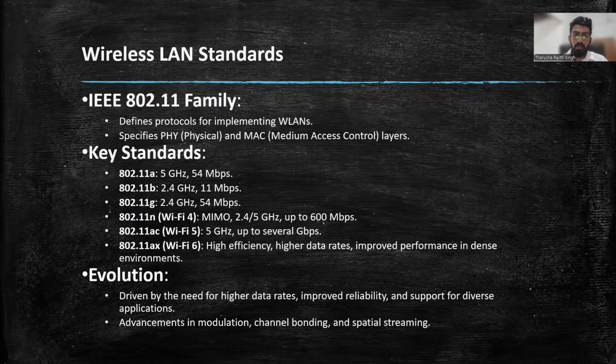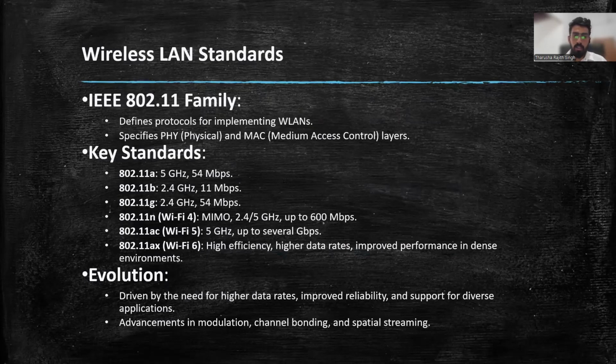These standards specify the protocols for implementing wireless local area networks and have evolved significantly over the years to meet the growing demands of modern communication systems. The IEEE 802.11 family defines the physical and medium access control layers for wireless communication. These standards ensure interoperability and efficient communication across different devices and networks.